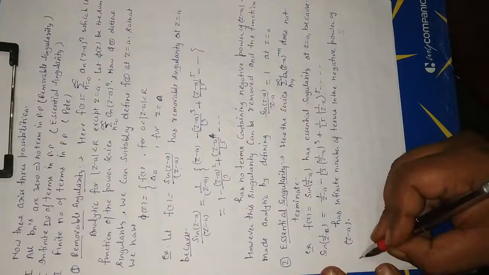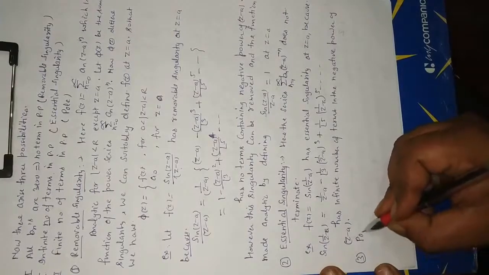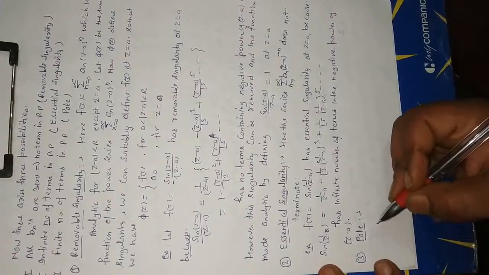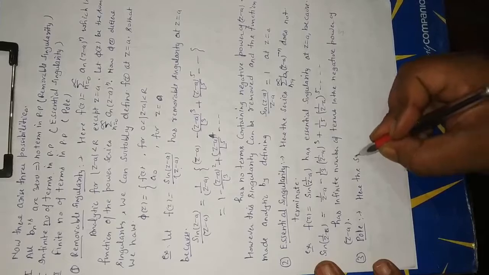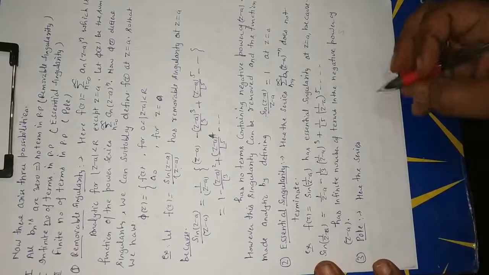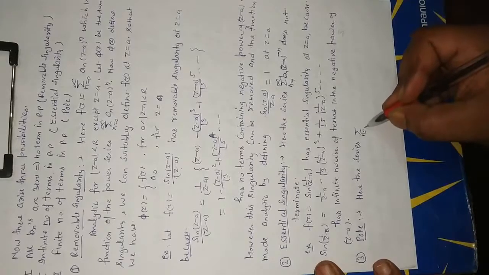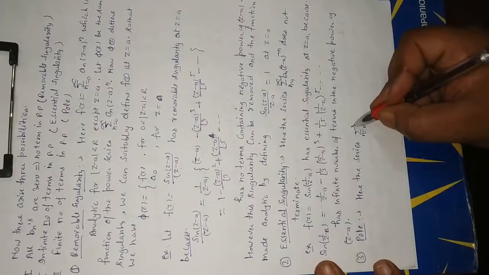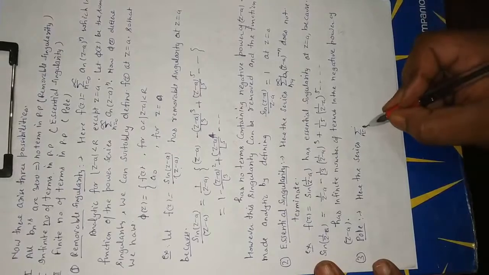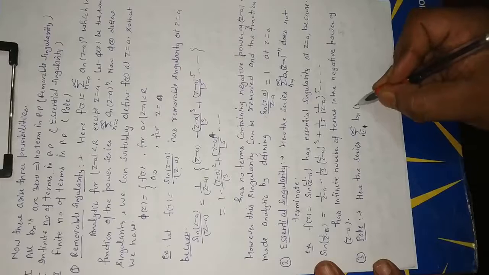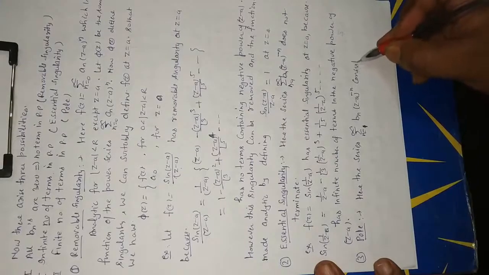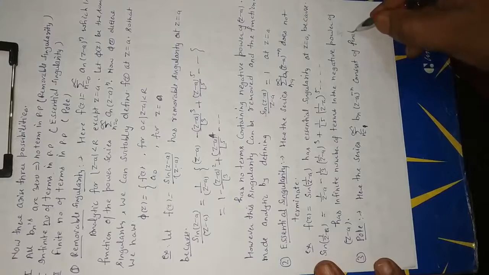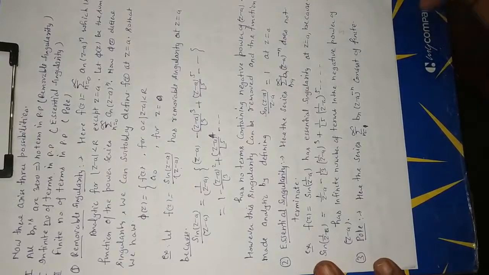Now the third condition, pole. Here the series summation n equal to 1 to infinity, b_n (z minus a) whole power minus n, consists of a finite number of terms.